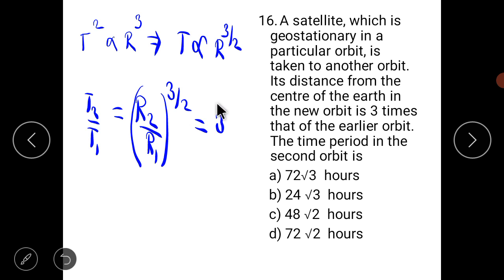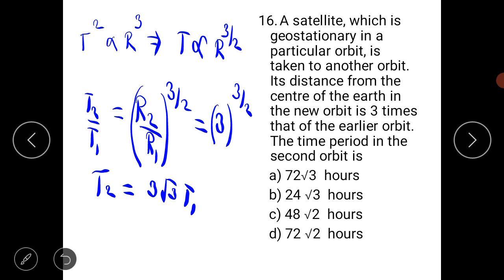So r1 gets cancelled, so r2 by r1 is 3, raised to 3 by 2. Therefore 3 raised to 3 by 2 is 3 root 3. So T2 by T1 is 3 root 3, so T2 equals 3 root 3 T1.